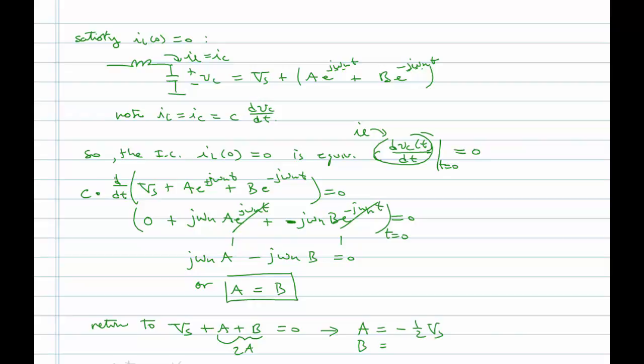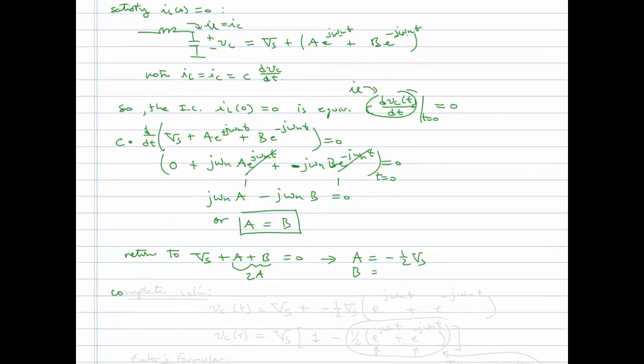Alright, so now we can write our complete solution. Here we go. Vc of t is equal to the particular solution, Vs, plus A, which I'm going to put out in front here, A times e to the j omega nt plus e to the minus j omega nt.